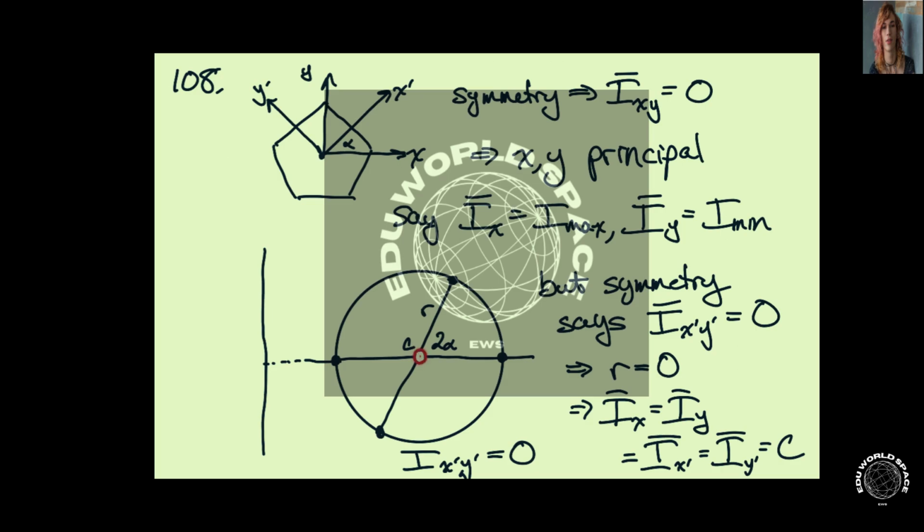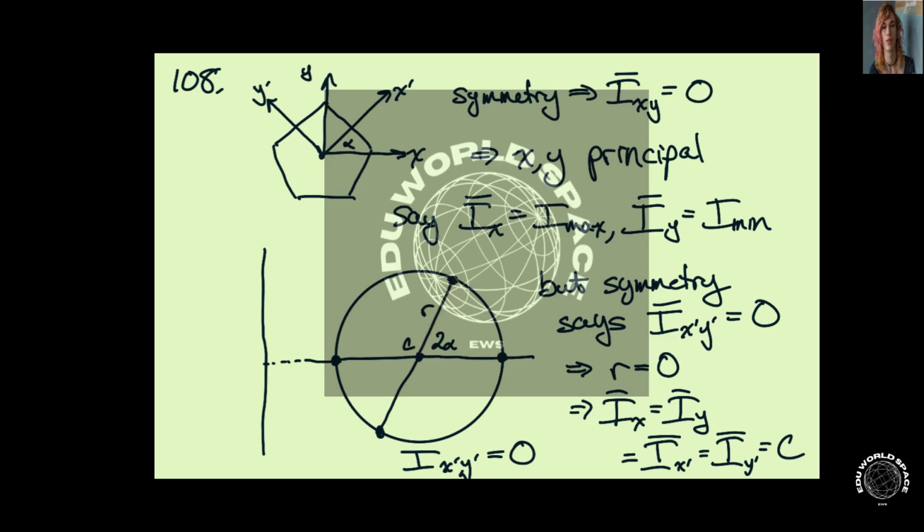And so no matter how we rotate about this point, we're still at that point. So I, x prime, y prime is going to have the same values. No matter what, for any regular polygon, r, the radius of Mohr's circle, is 0. So Mohr's circle collapses to a point.